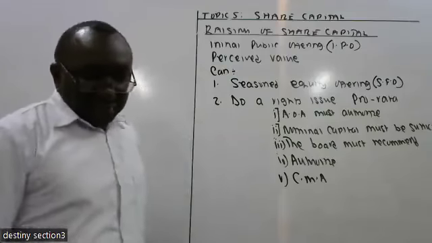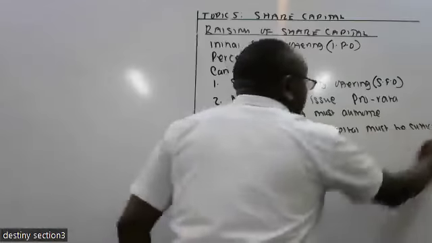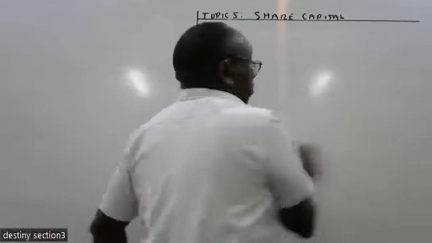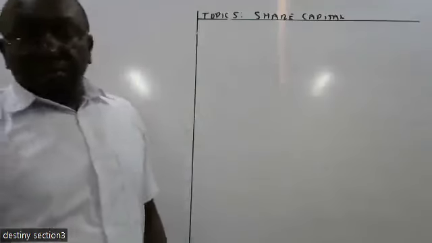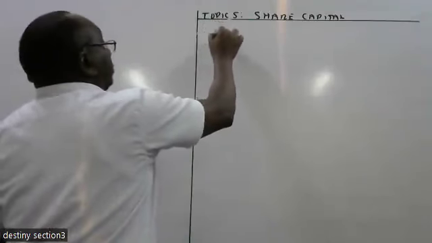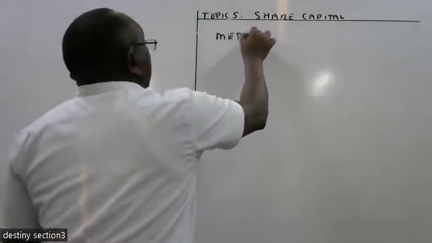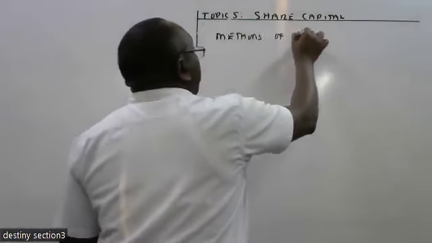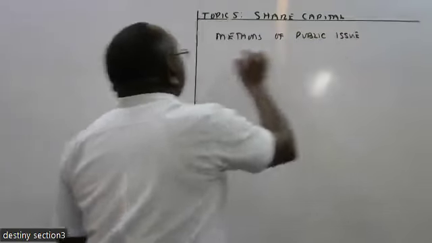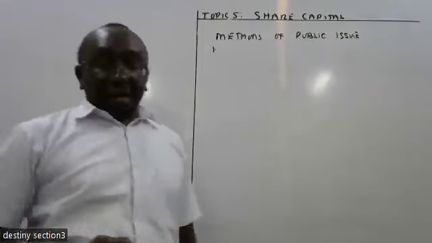Let's now look at methods of public issue. You want to issue shares to the public. What are the methods?